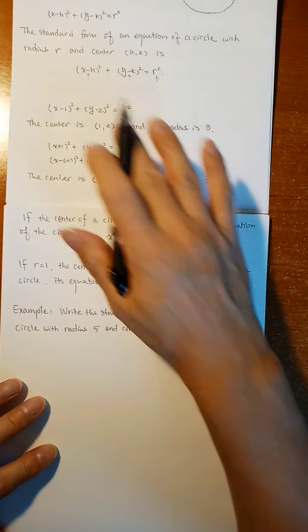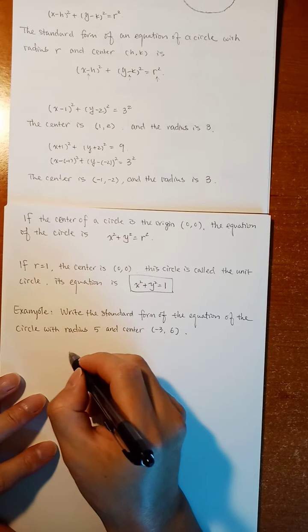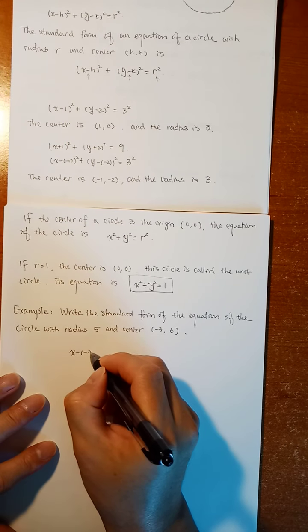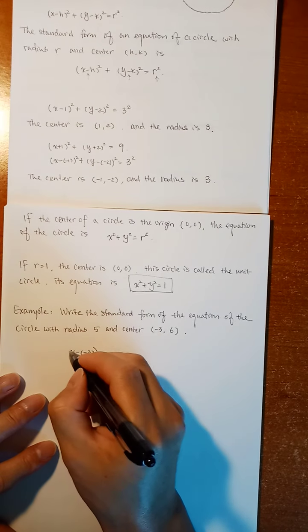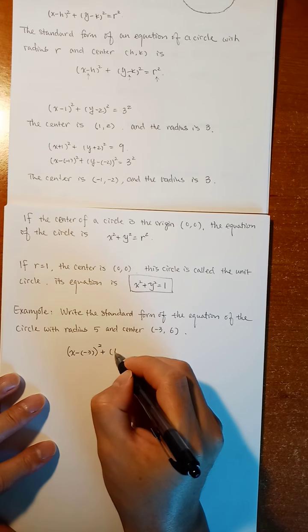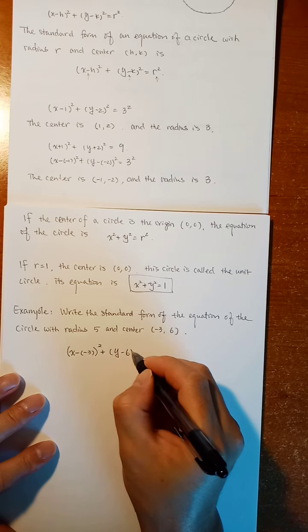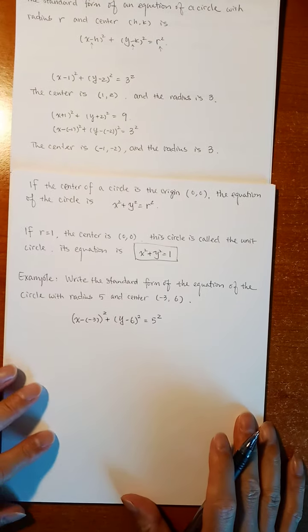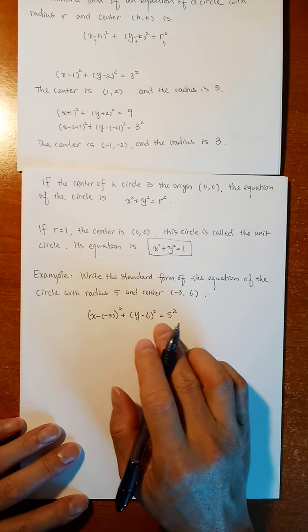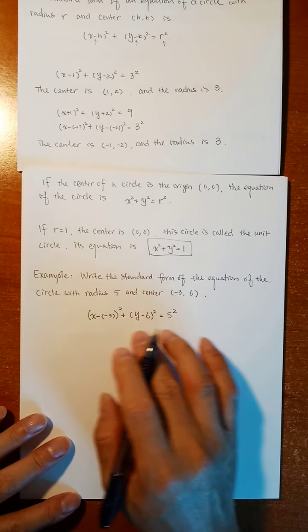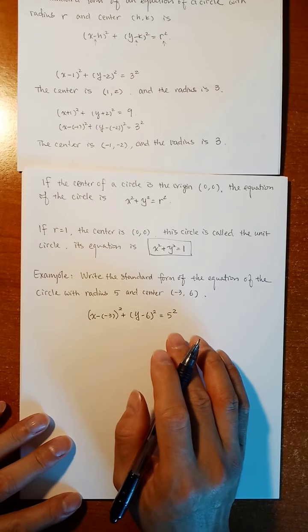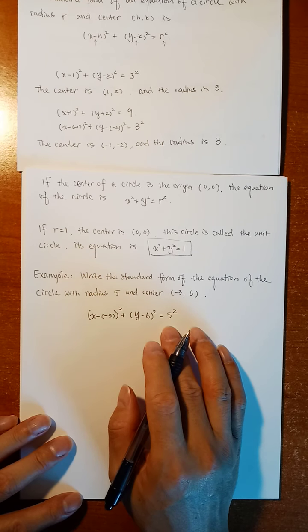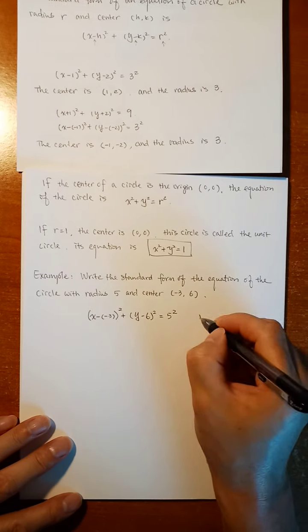Let's just follow this. It's (x minus x coordinate) squared plus (y minus y coordinate) squared is equal to 5 squared. If you don't want to do any step further, just leave it like this. It's good enough for the final answer.